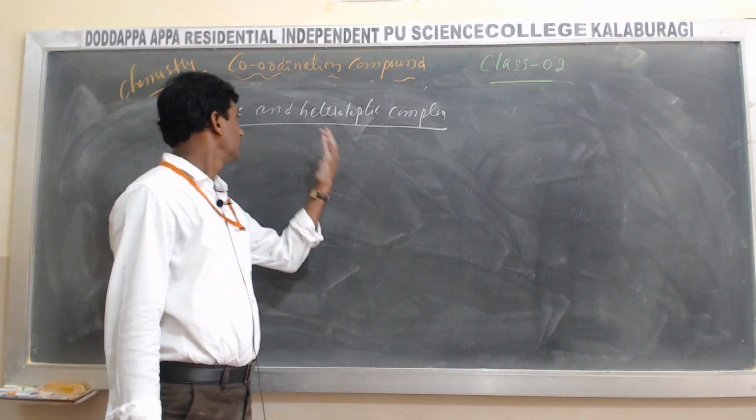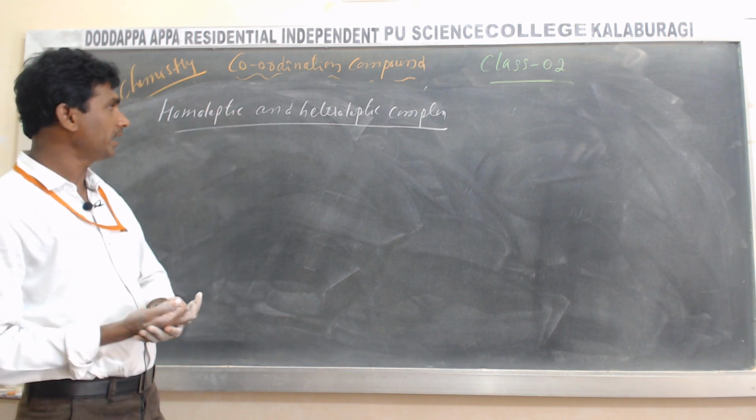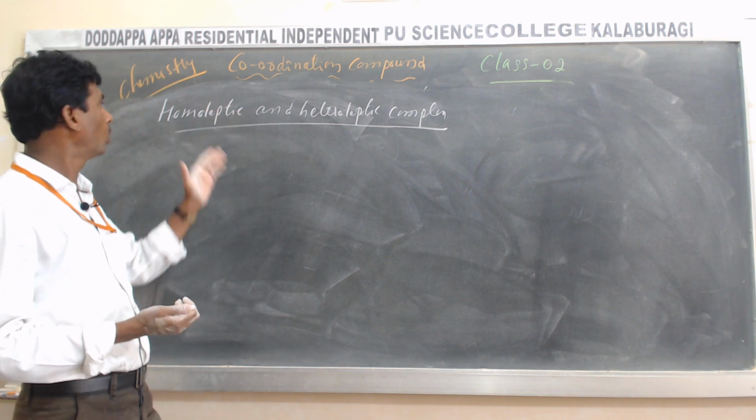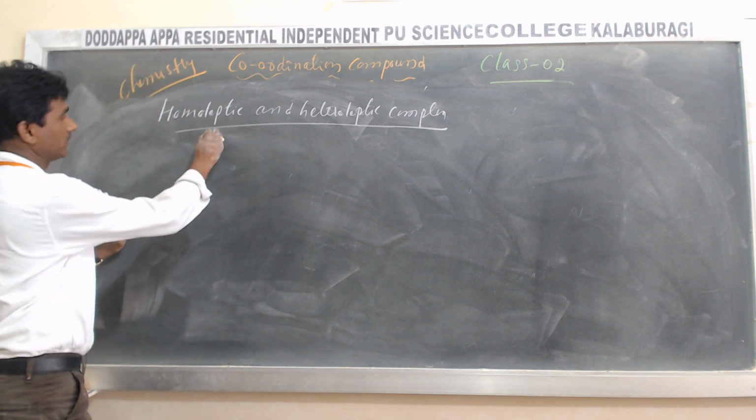So this is the last part of this class 2: homoleptic and heteroleptic complex. Homo means similar, hetero means different. What is a homoleptic complex?